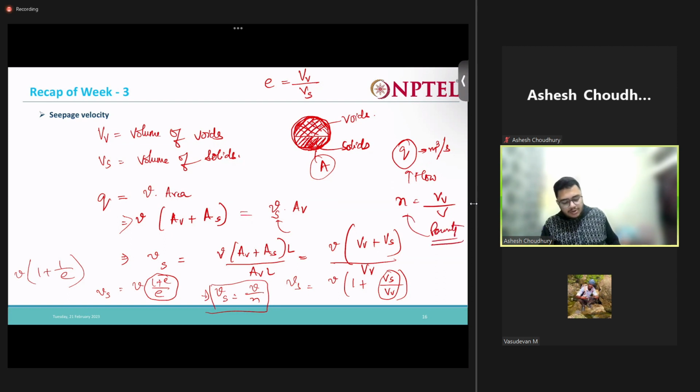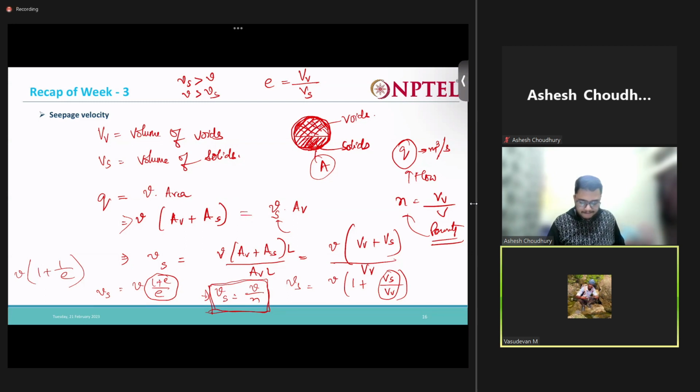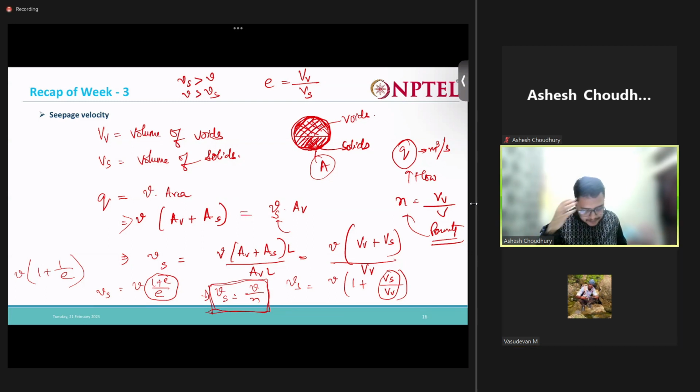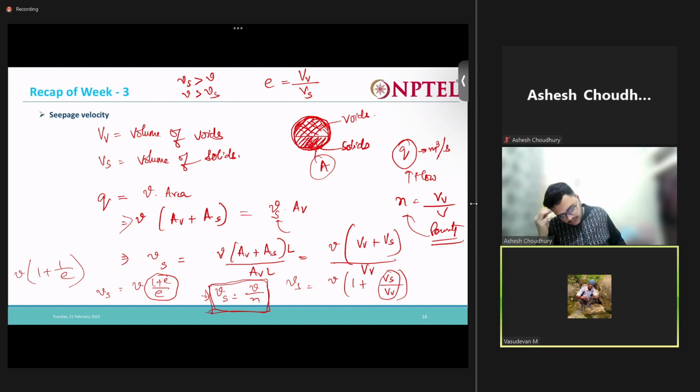Now from this expression, can you tell me which will be greater? Which is true: Vs is greater than V, or V is greater than Vs? Why?